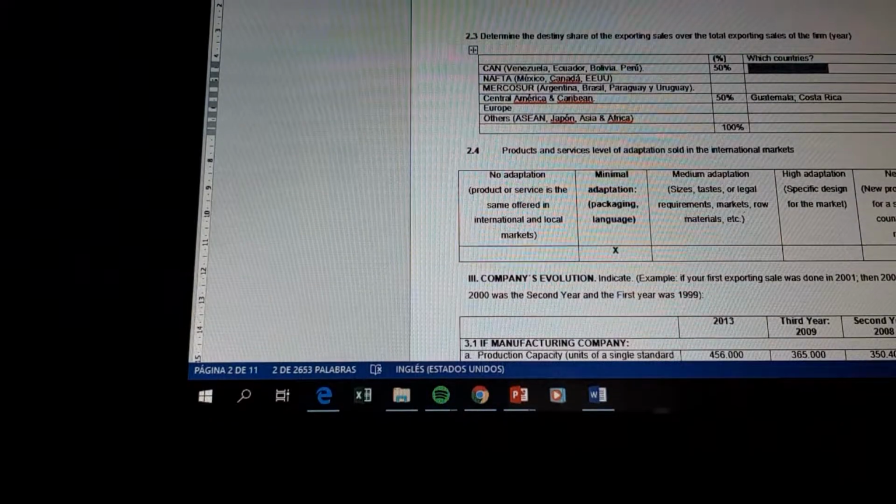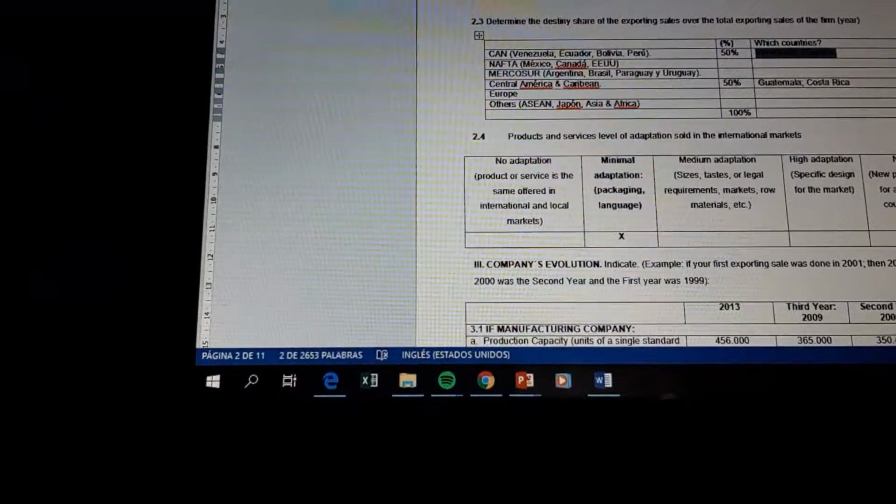They are usually known as natural markets, the ones that are very easy to penetrate, and they have always been the objective for starting an international process in any Colombian company, because of the proximity, the cultural characteristics that we share, and of course the language.